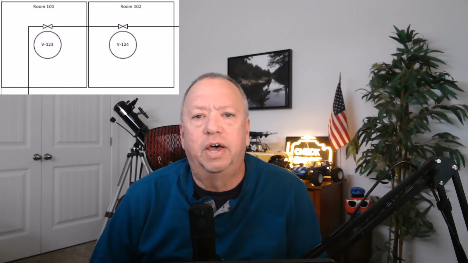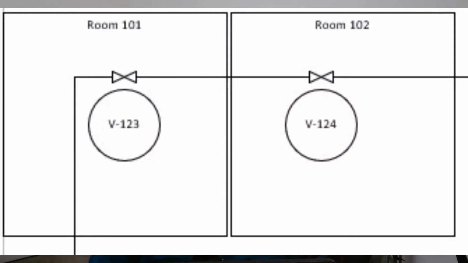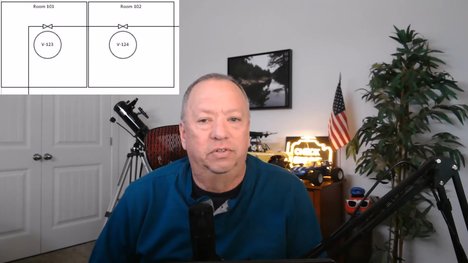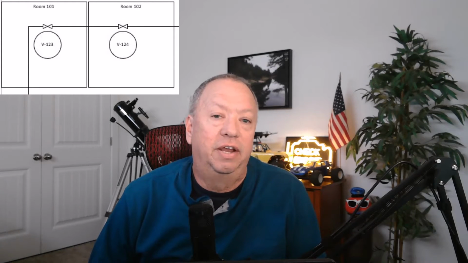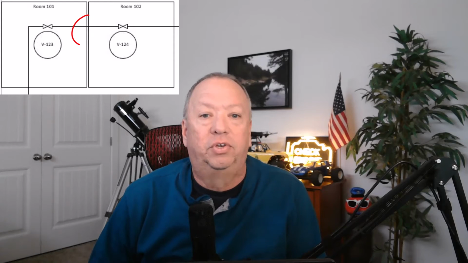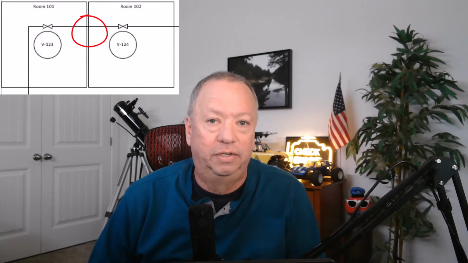As you review the diagram, you may find, for example, valve 123, a valve of some kind, is in room 101, and valve 124 is in room 102. This is important information for your location hierarchy. And kind of as a side note, the section of pipe in between these two valves going through the wall could be characterized as a linear asset. We'll talk more about that here in a little bit.